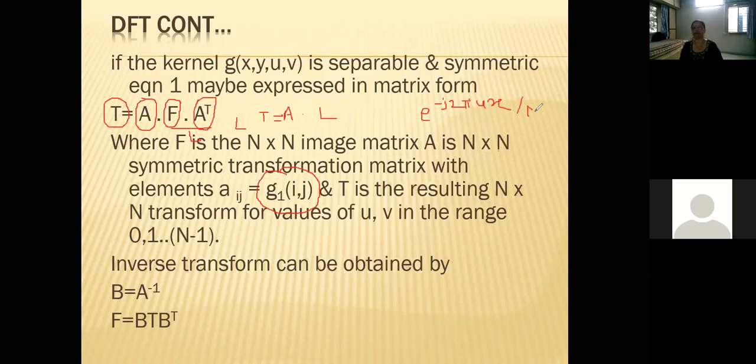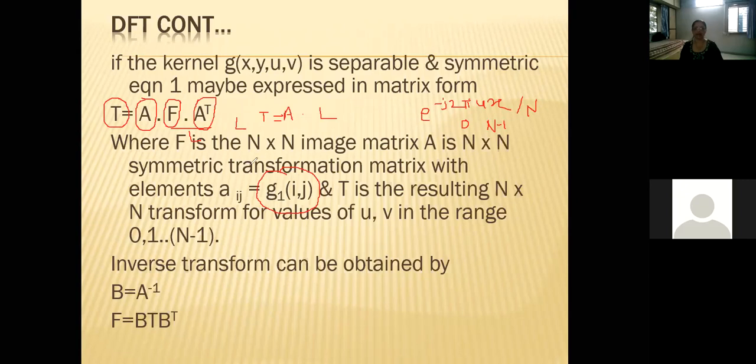Here G_ij represents your forward transformation kernel, where i represents u and j represents x, and u and x both vary from 0 to n minus 1.